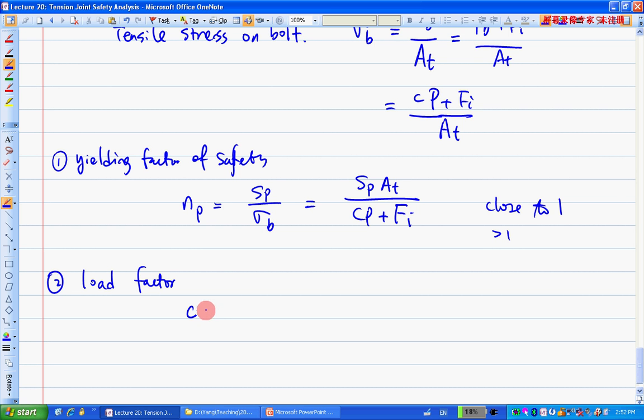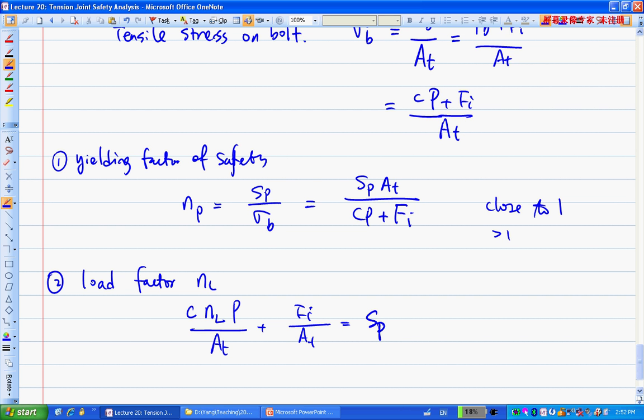So you call that C. This is called NL. C NL times capital P, divided by AT, plus FI divided by AT, equal to SP. So this is another way of analyzing the joint here.